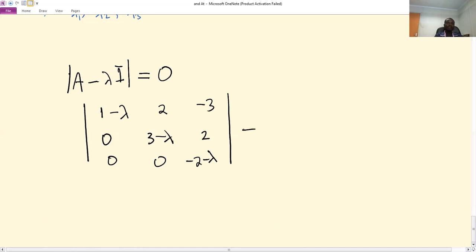This determinant should give us 0. By properties of a determinant, when you have an upper triangular matrix, the determinant is simply the product of elements along the main diagonal.